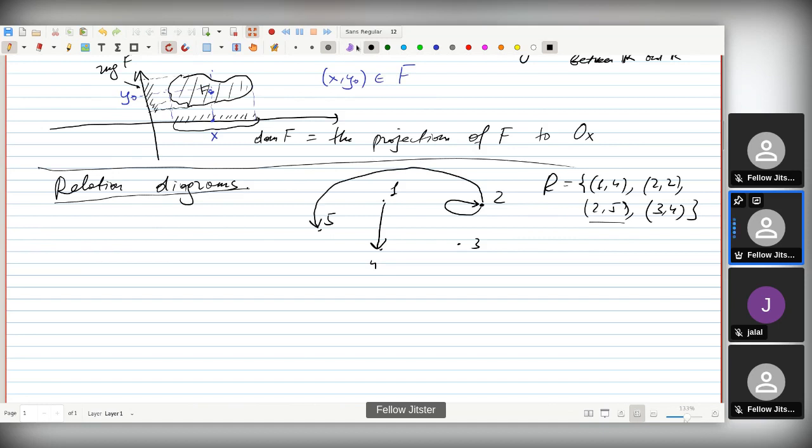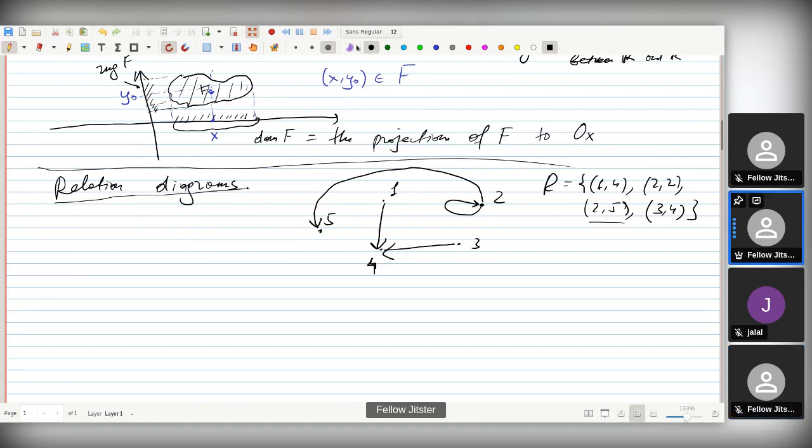I shall draw an arrow from 2 to 5. And the last one, what should I draw next? 3, 4. An arrow from 3 to 4. So this is a quick and easy way to visualize a binary relation. Is it clear?